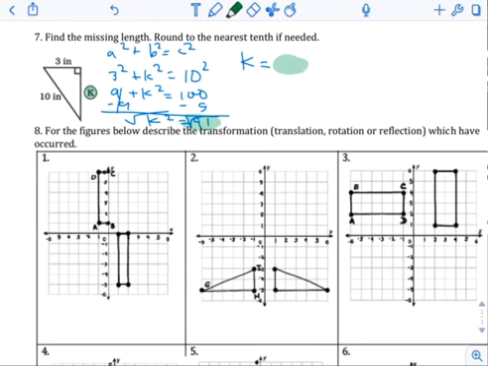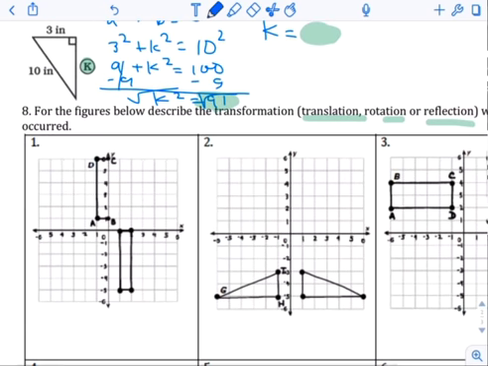For the figure below, describe the transformation. Is it a translation, rotation, or reflection which has occurred? So it started from here. It's not a rotation. Rotation would end up right here. So it's not a rotation. It's not a reflection. So it has to be a translation.